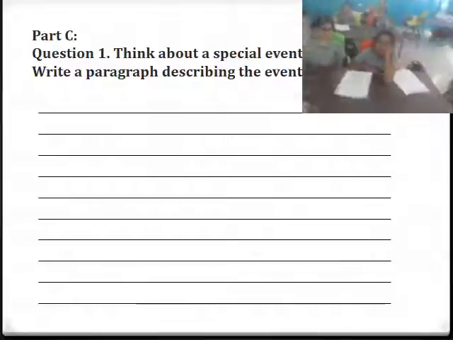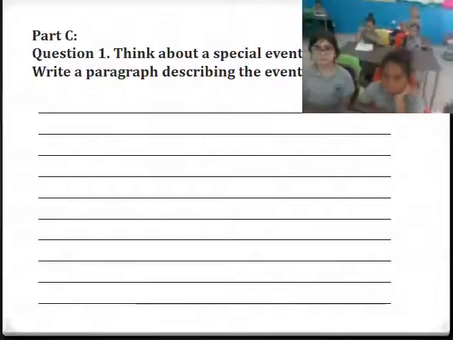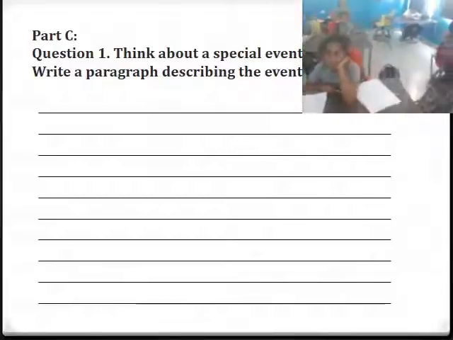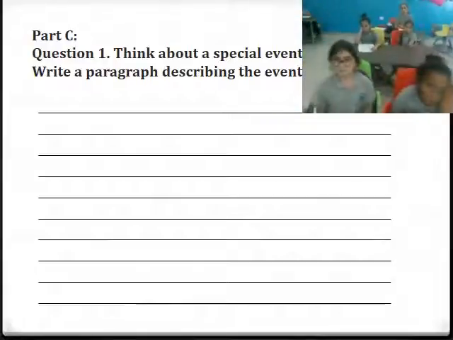Very good. Part C. Think about a special event you attended. Write a paragraph describing the event. Add details. A special event can be anything. It can be a time when you visited someone. It can be a trip you went to.